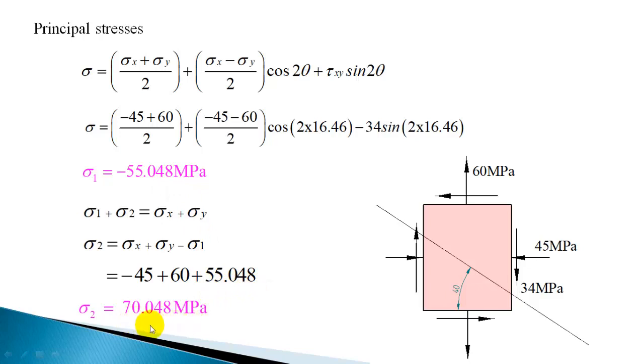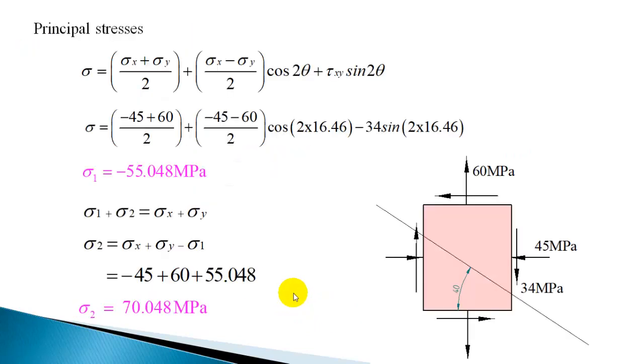So this is the principal stress associated with the principal plane 106.46 degree. So you identified which principal stress is associated with which principal plane. If you use the direct formula also, you will get these values, but to identify which principal stress is acting on which principal plane, and plotting, will be difficult.